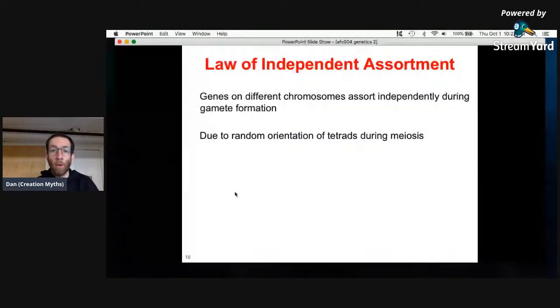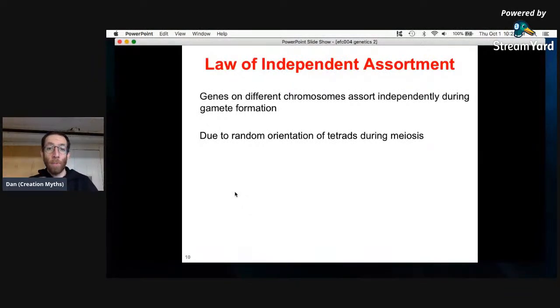He didn't know anything about the concept of linkage, which we're going to get into next time, the idea that genes are on the same chromosome and therefore travel together. He didn't know any of that. He figured that each gene, each heritable factor, was on its own, acting independently of every other heritable factor in the genome.